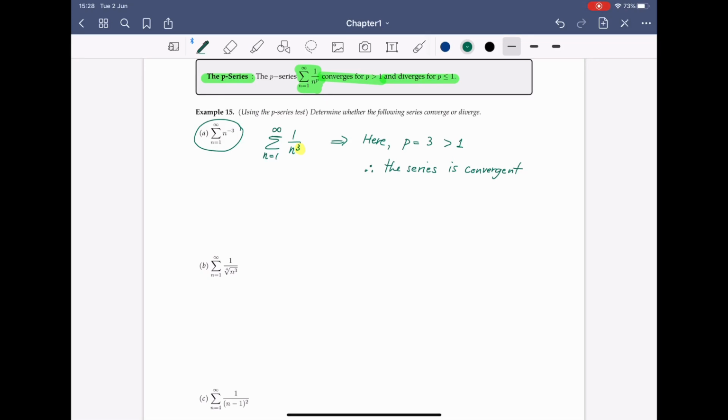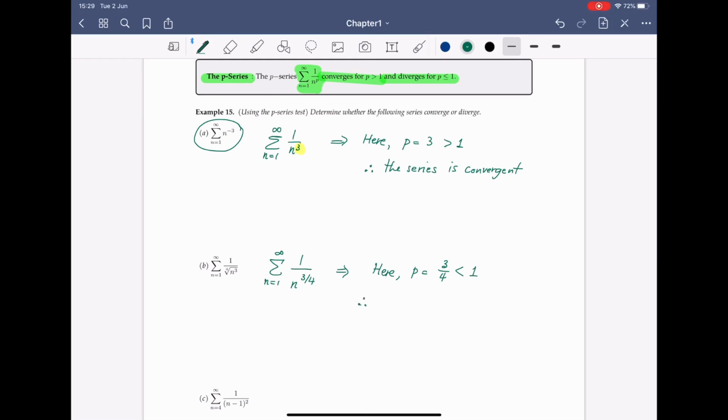And then for part B, now you have summation of, let's say, 1 over n raised to the 3 over 4, because that thing is the fourth root of n cubed, so it is n raised to the 3 over 4. So that means here you have p equal to 3 over 4, which is less than 1.